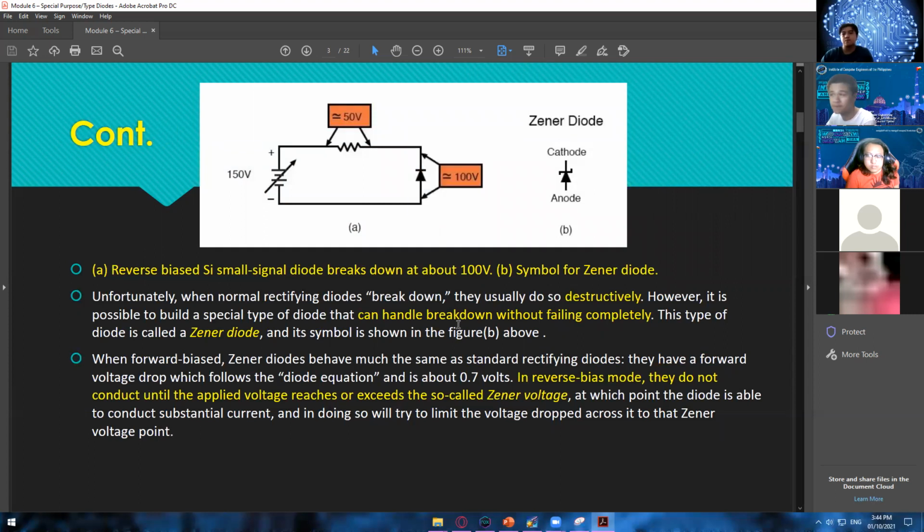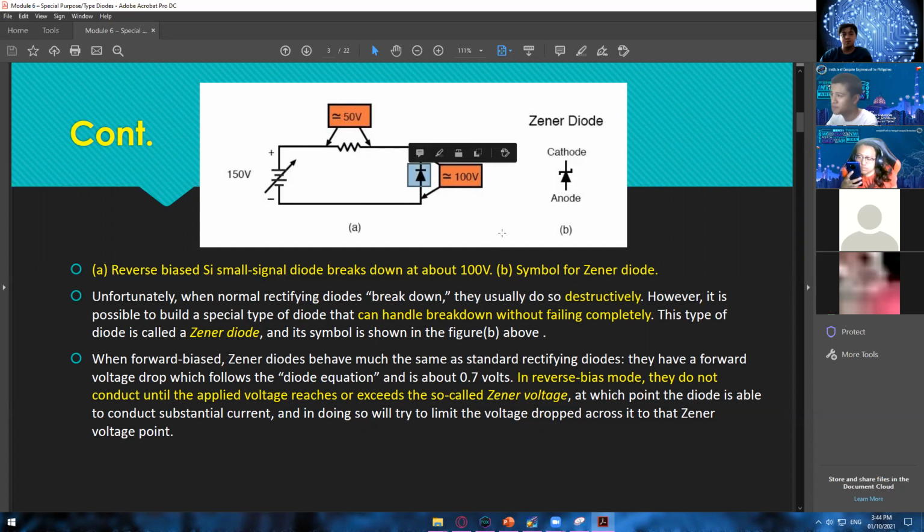Once it reaches that 100 volts, the rest will pass through this resistance. The remaining will be on the resistance, which is of course 50 volts. This is not the correct symbol. It's just saying that you can have this as a normal diode, but at the same time, it is the start of understanding what a Zener diode is.